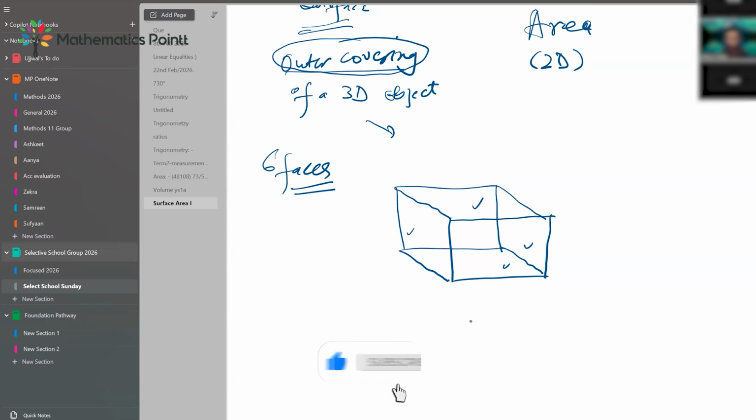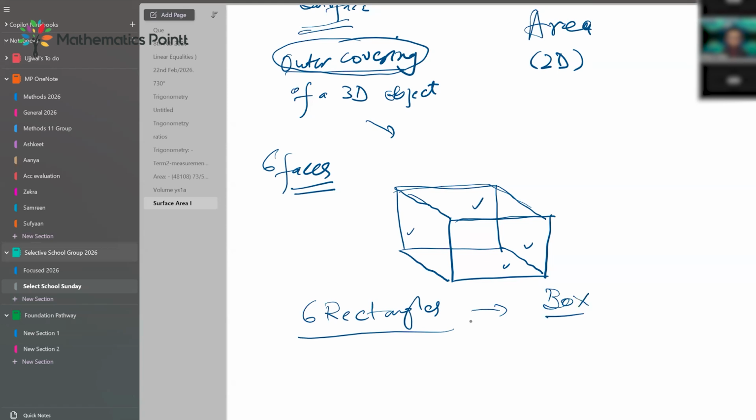So the outer portion is nothing but these 6 rectangles, which together join up to make this box. These rectangles are nothing but the outer surface of the shoebox.